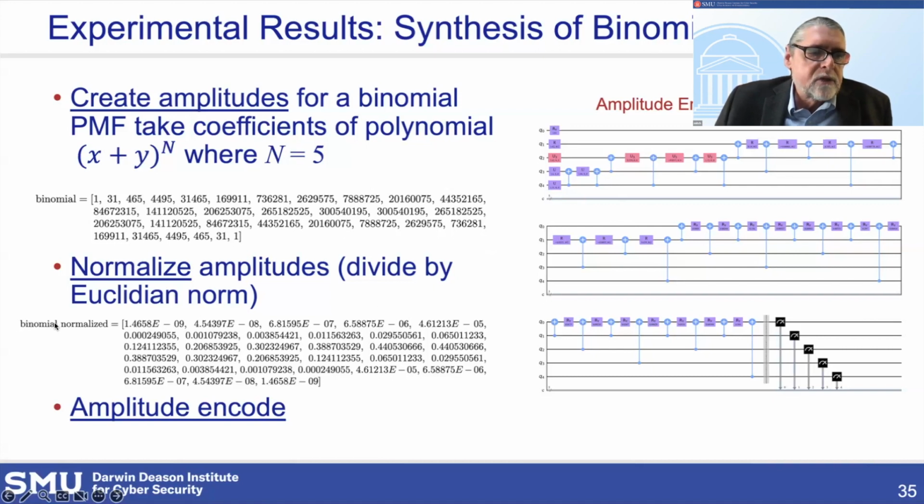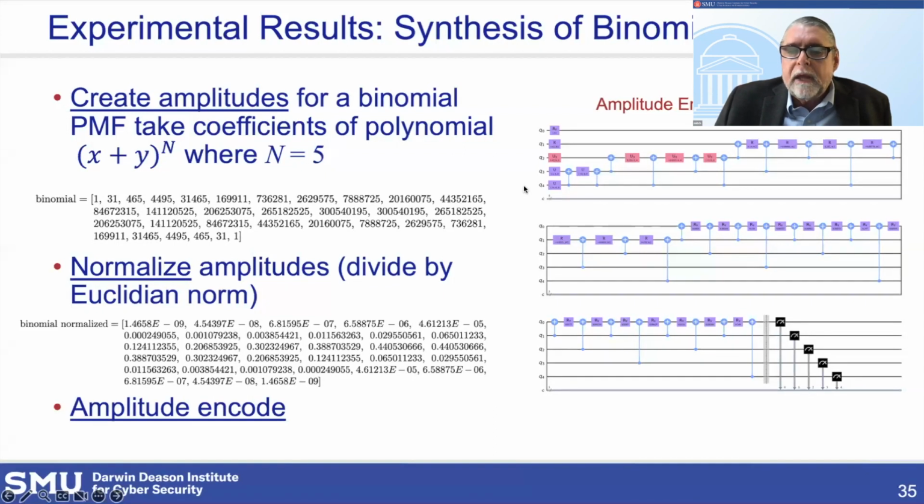But once we have this normalized binomial, we can then use our oracle synthesis methods to produce an amplitude encoded version of the probability mass function.